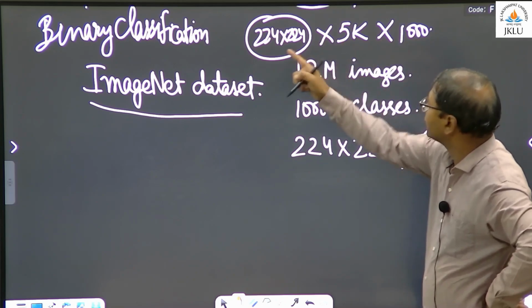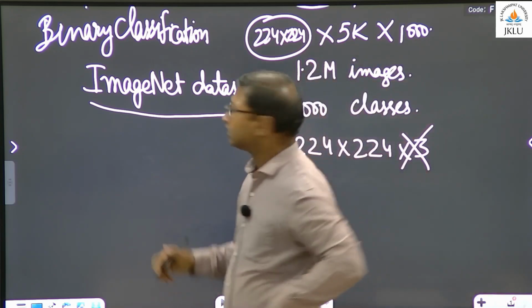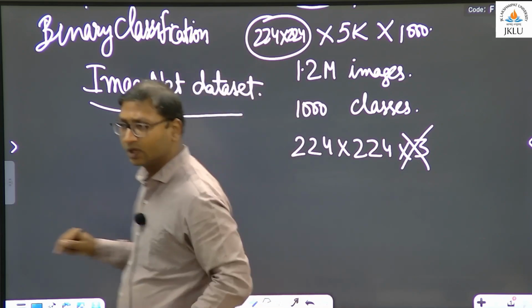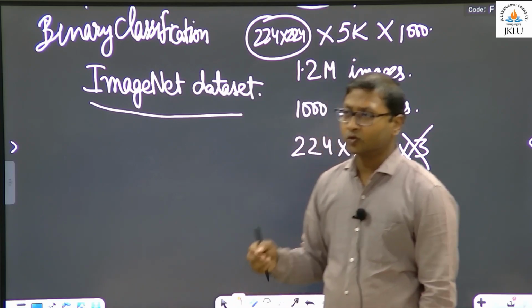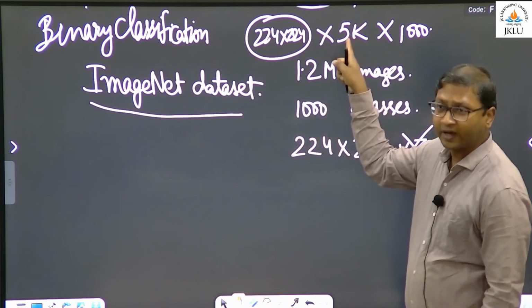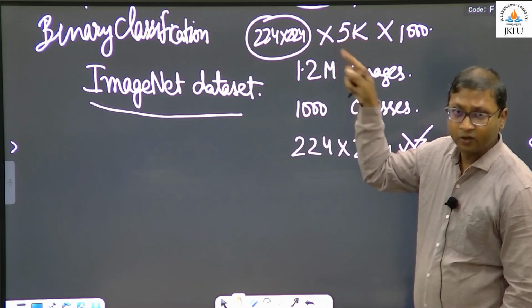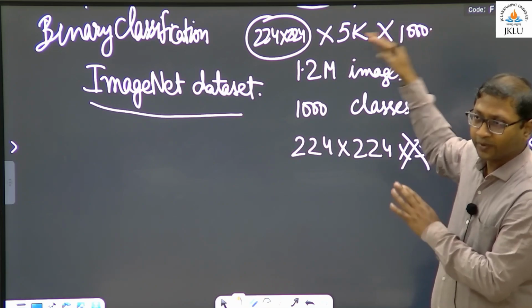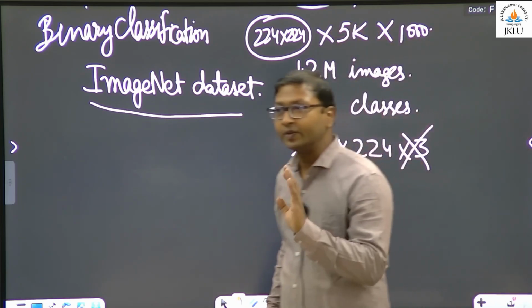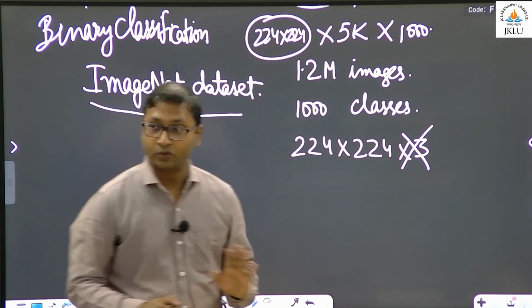How many parameters will this particular neural network have? Assume this is 50k. 50k into 5k, so 50 into 5, gives me 250 million, and whatever the next one is not comparable with this. So 250 million already, which means 25 crore.